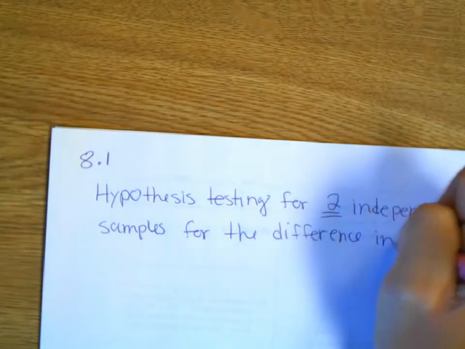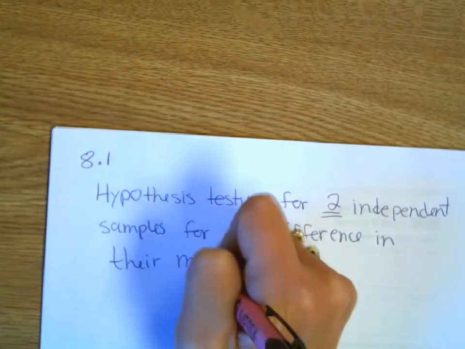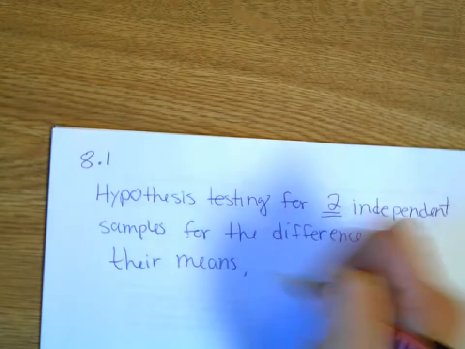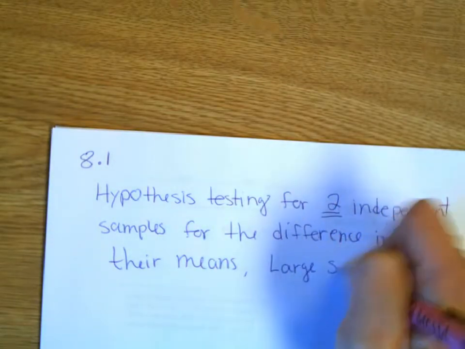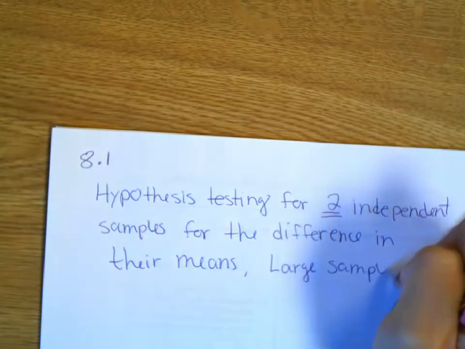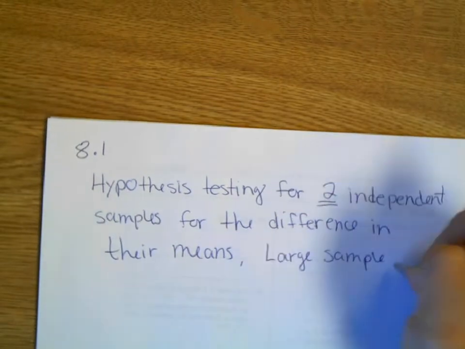So, hypothesis testing for 2 independent samples for the difference in their means. And again, we're working with large samples today. So means with large samples tells us we're going to be using that Z table, greater than or equal to 30.